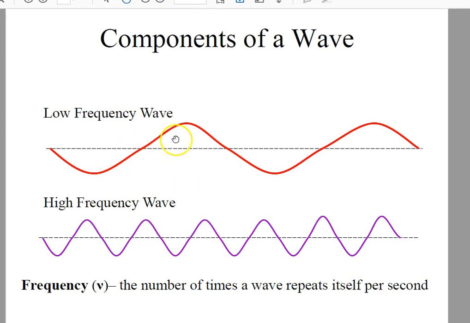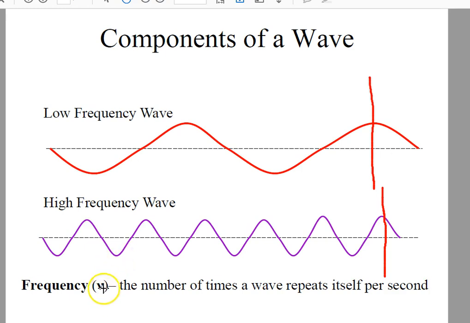If you think about this wave traveling with this long wavelength, let's just say we had a point here, and you can imagine the wave coming by. That wave is only going to pass that point a certain number of times in a second. But this wave would come by much more often. So a long wavelength is going to result in a low frequency, whereas a short wavelength would give you a much higher frequency.